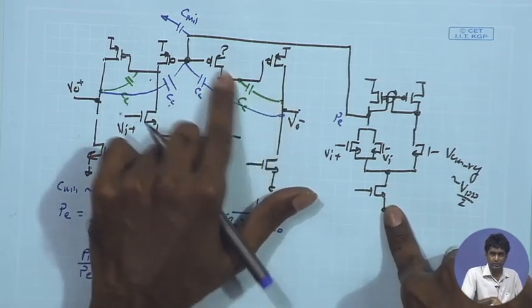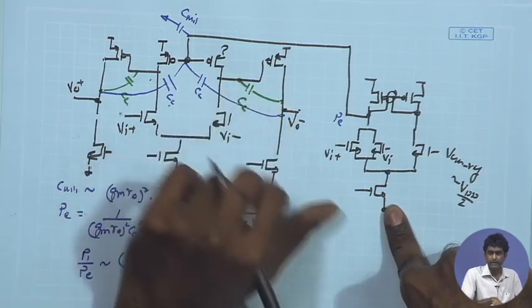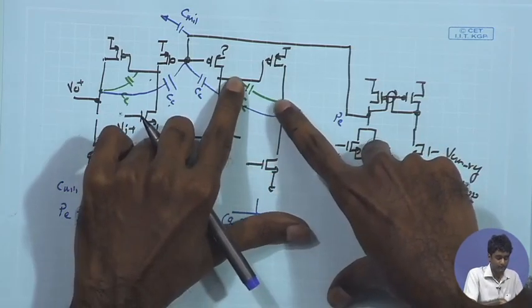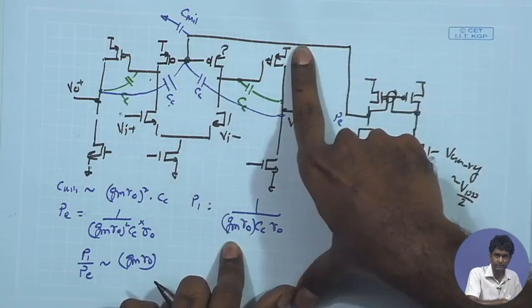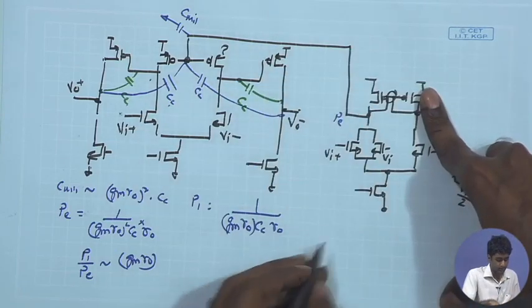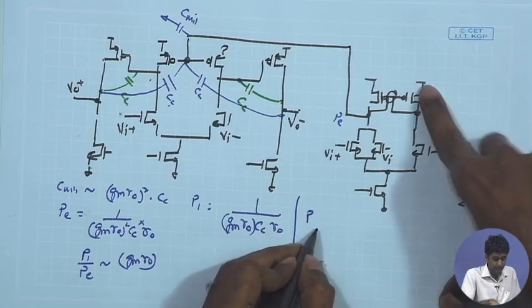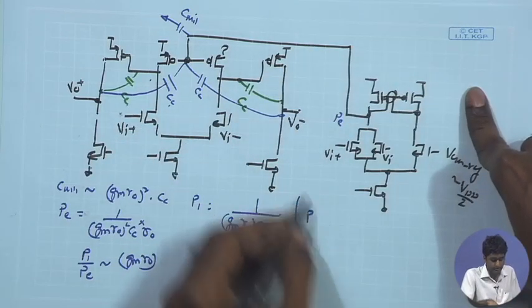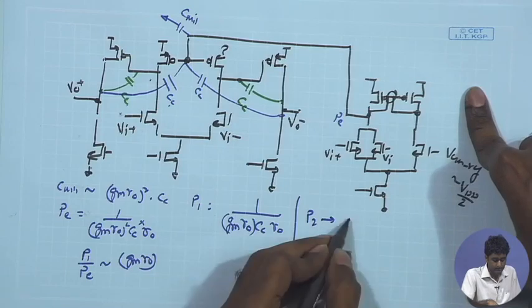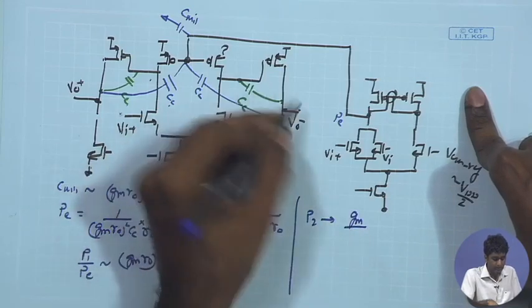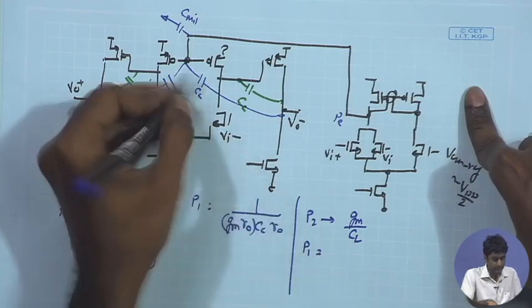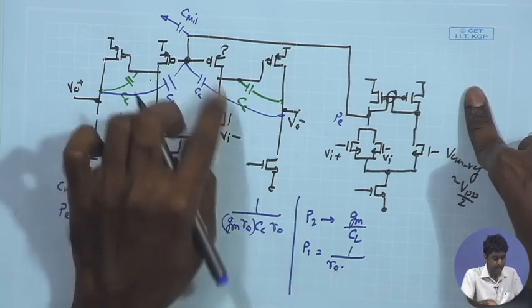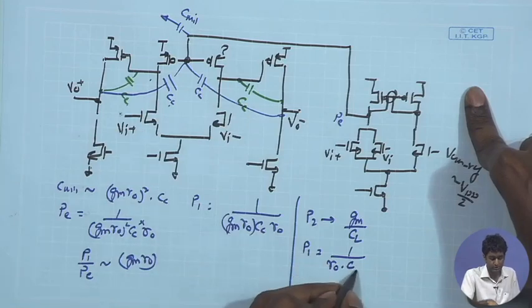If I use Cc over here, in that case we have seen that the impedance at the second node, at the output node, becomes approximately 1 upon Gm of that stage, and as a result the P2 that you get for the two stage compensation is close to Gm upon the overall Cl that you have at this node, and the P1 that you get is Ro times the Miller multiplied compensation capacitor, so Cc times Gm Ro.